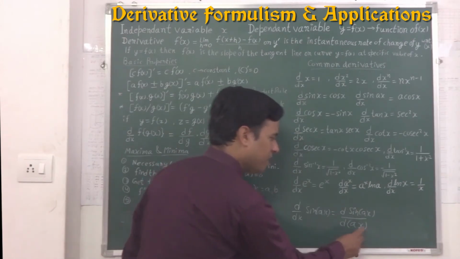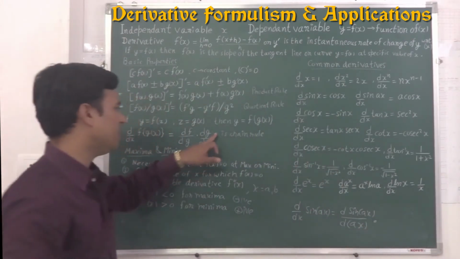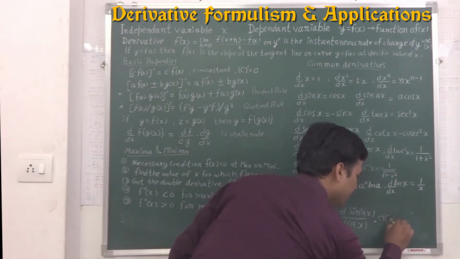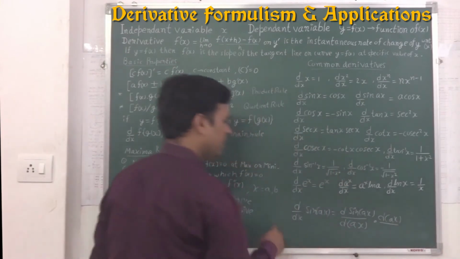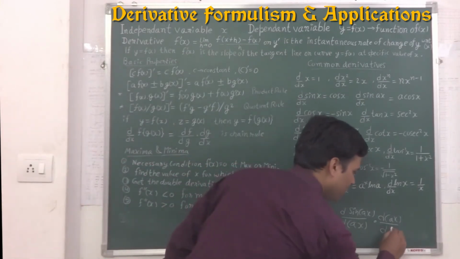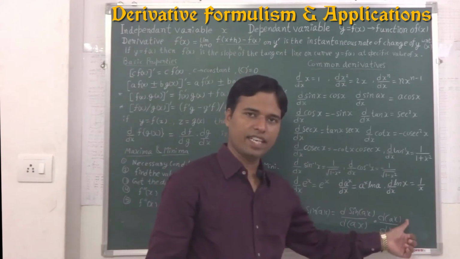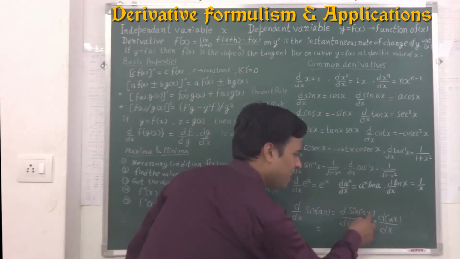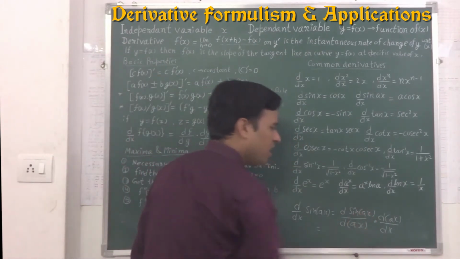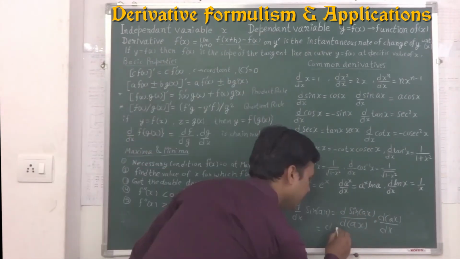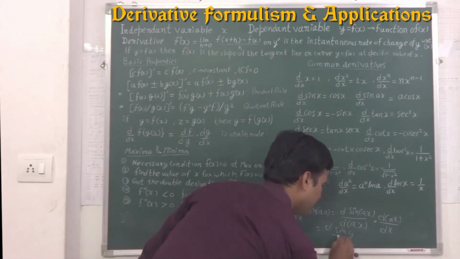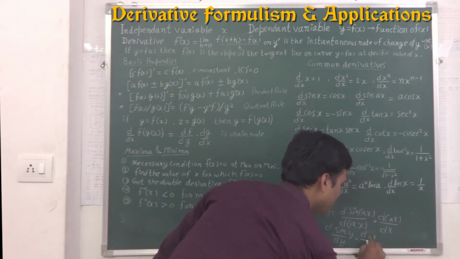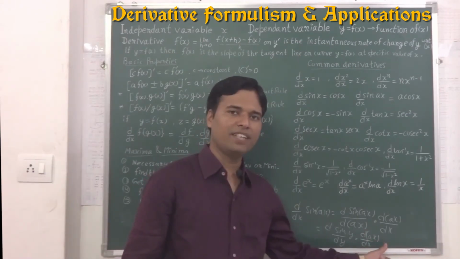It is the dependent function, multiplied with dg, where g is nothing but ax, so it is d(ax)/dx, because this dependent function ax is also a function of x. Then we can replace ax with another term y: d(sin y)/dy multiplied with d(ax)/dx.